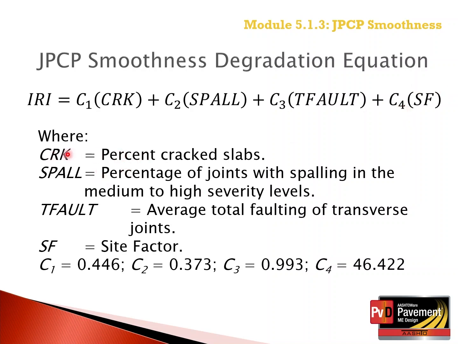The percent cracked slabs coefficient is 0.446. The coefficient for the percentage of joints with spalling in the medium to high severity is 0.373.